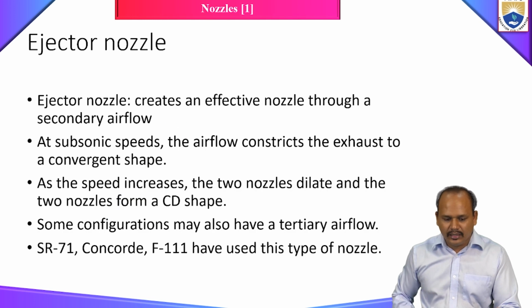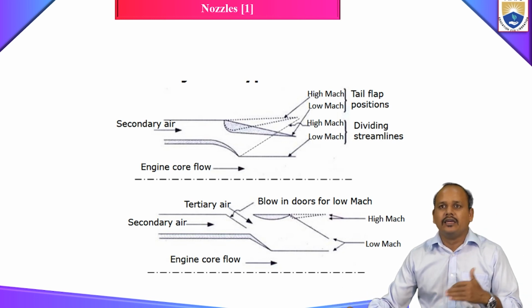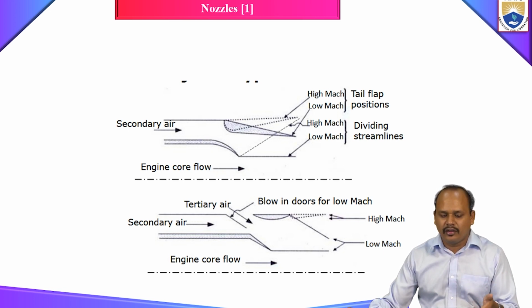The second one is the ejector type nozzle. Basically, an ejector type nozzle means that you will have movable flaps. By these movable flaps you can operate your nozzle as a convergent nozzle during subsonic operation. The same nozzle can be made into a convergent-divergent nozzle, as long as you adjust your flap.